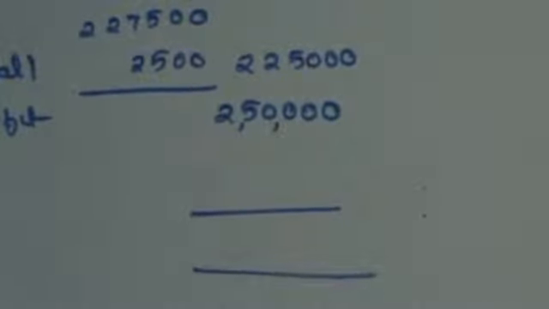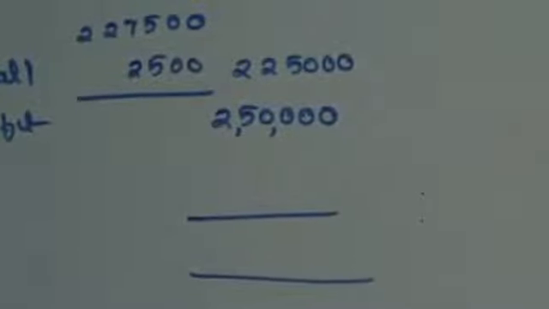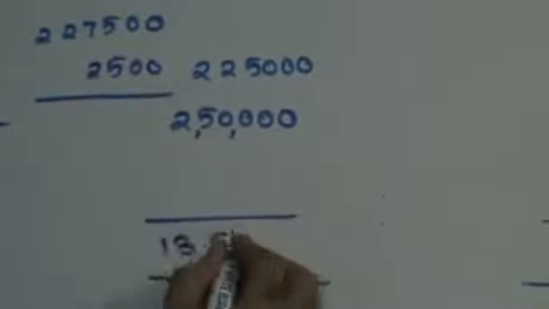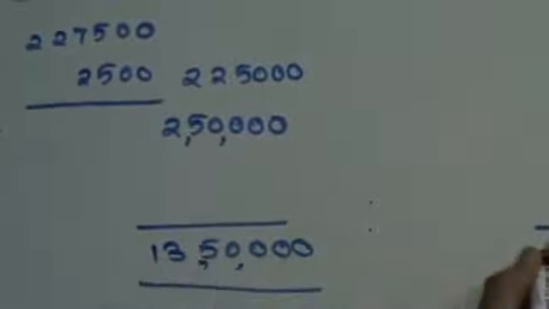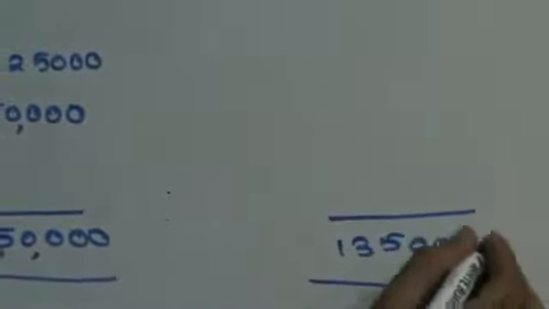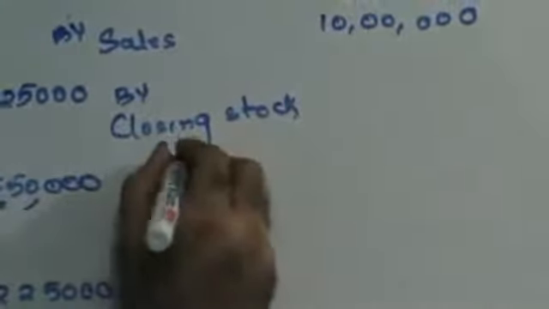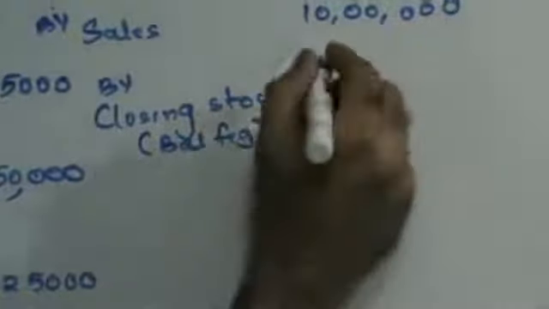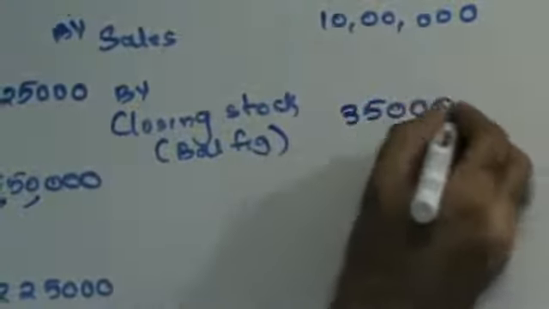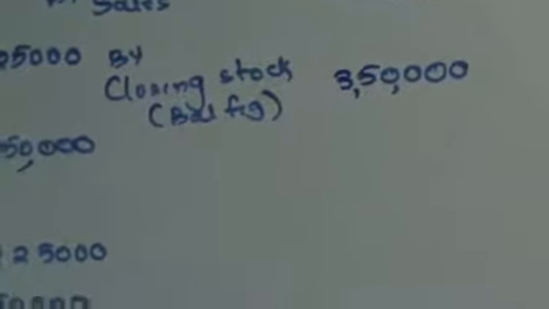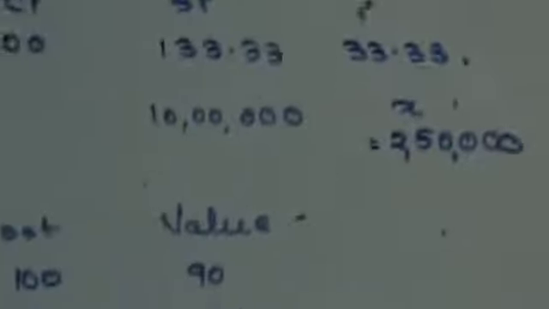So when you add this 3,25,000, 5,50,000, 2,25,000 and 2,50,000, that addition will give you 13,50,000. The difference is called closing stock. This is my balancing figure. 3,50,000. Fine, do we get this in here? Now, let's see this. Once you have the closing stock, next you have to make statement of claim.